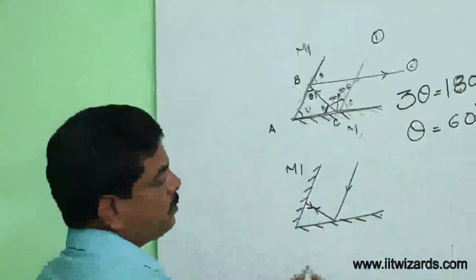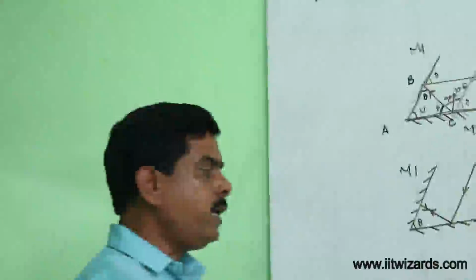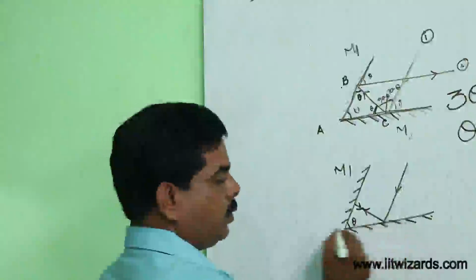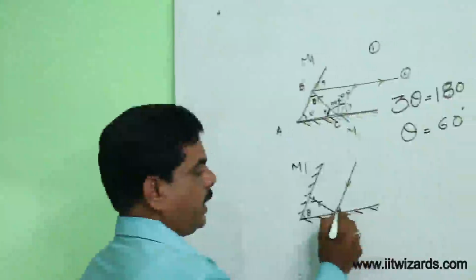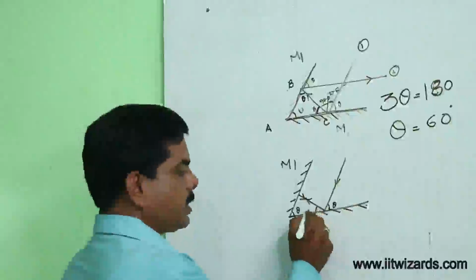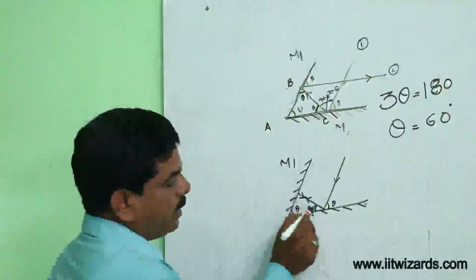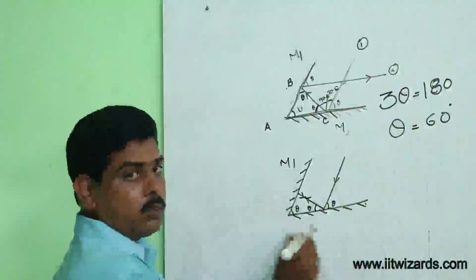So now what is the angle theta in this case? Applying the same logic of two parallel lines over a straight line, this angle is theta. If this is theta, then this is as well theta. Now, here the ray of light has been rendered backwards; it has bounced back.